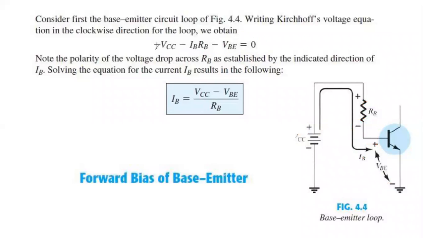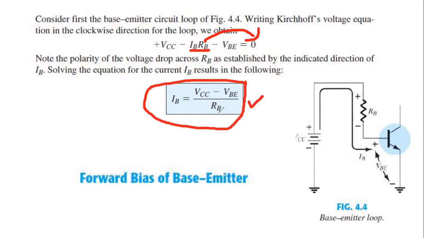If we move this to the other side, and put the RB on the other side, we get that the input current IB equals VCC minus VBE divided by RB. Suppose in an example the RB value and the VCC are given, and we know the VBE is 0.7, so we can easily find out the IB.